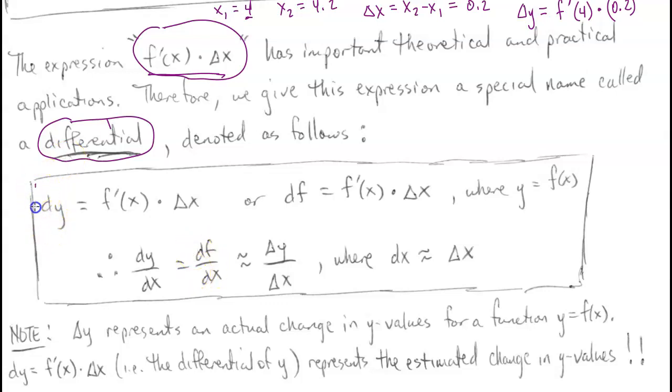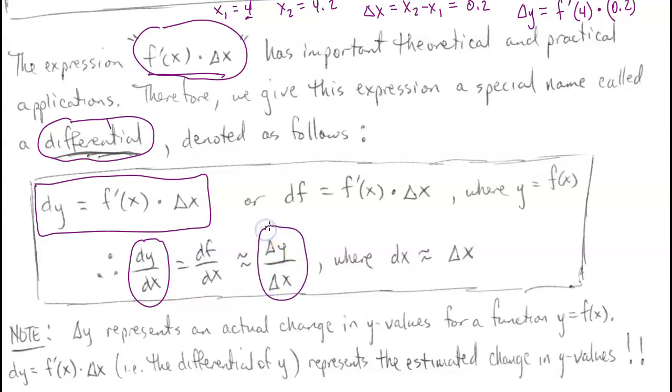So here we see that the differential, you just call it dy, is equal to the derivative of a function of x times delta x. Of course, if you just call your function f, then you can look at it this way. All this comes from the fact that the actual instantaneous rate of change is going to be approximated by the slope of a line.